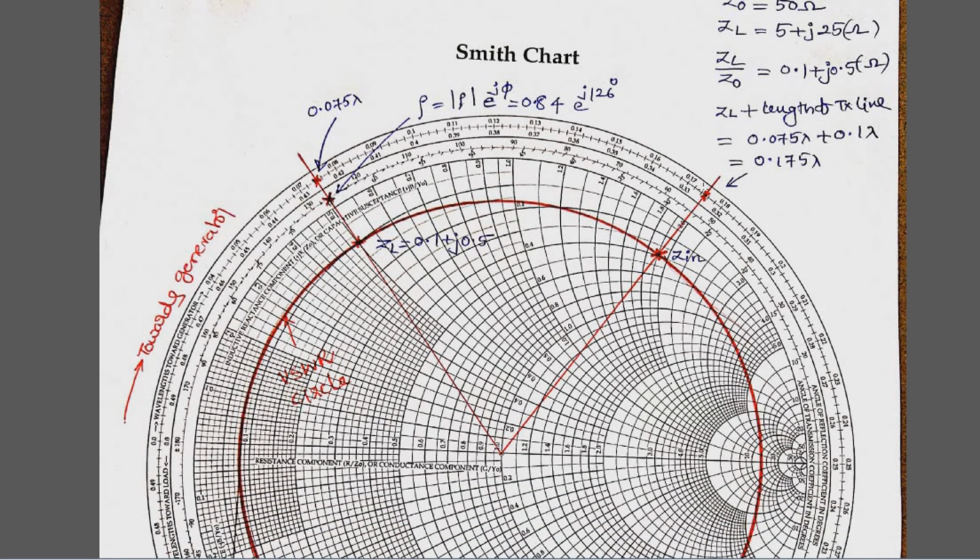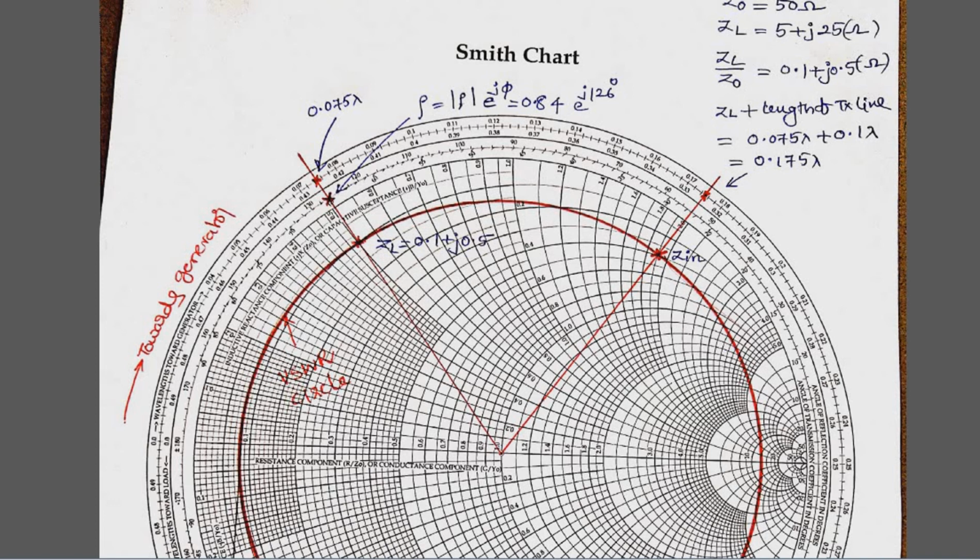This point was extended towards the origin. This mark will give you on the VSWR circle where Z in was calculated or observed. Then see this line going to join 0.4 real, it's comfortable to observe here 0.4 real. Then this arc will give you the value.